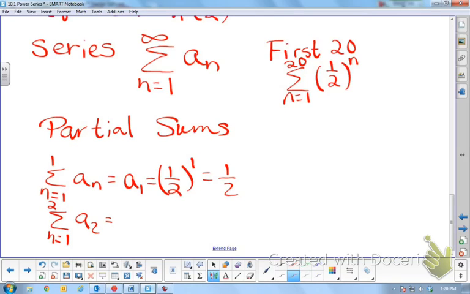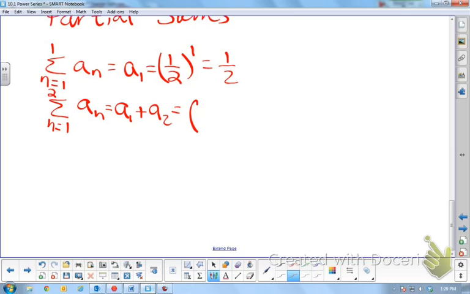Oh, sorry, still a sub n in the summation. That means we're doing a sub 1 plus a sub 2, which is 1/2 to the 1 plus 1/2 to the second, which is 3/4.